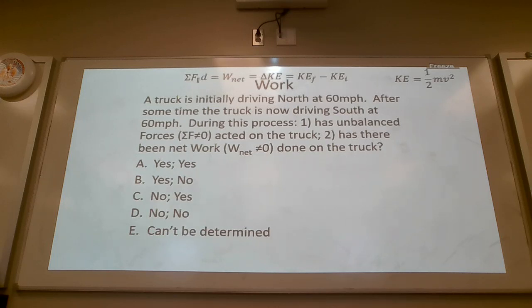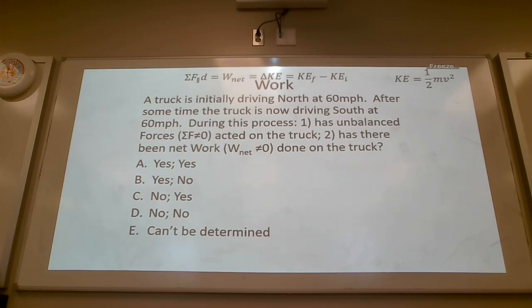So can't do zero. And if it's moving at the same speed, that balances the entire time. Where's the distance right now?